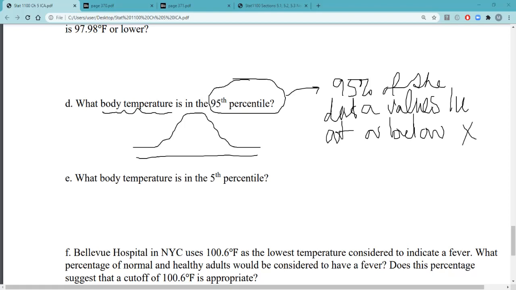So I'm going to call that X here. I know just from the general rules of our curve that 95% of the data, or 95th percentile, is going to be somewhere way over here, right? And I'm able to say that 95% or 0.9500 lies to the left of some data value X.